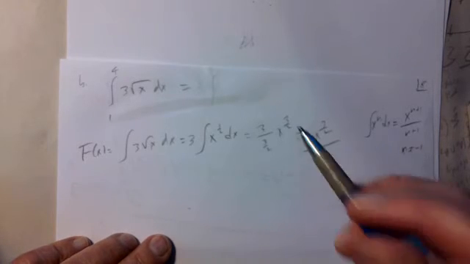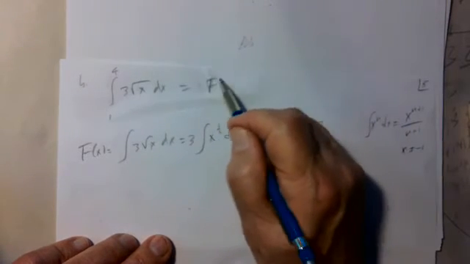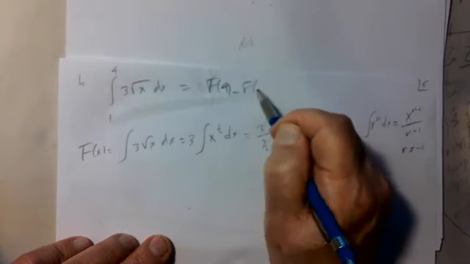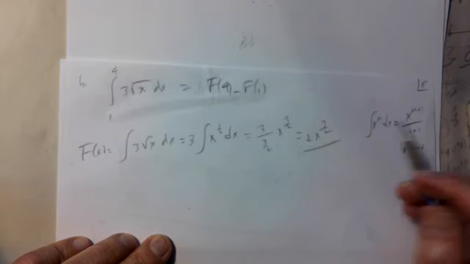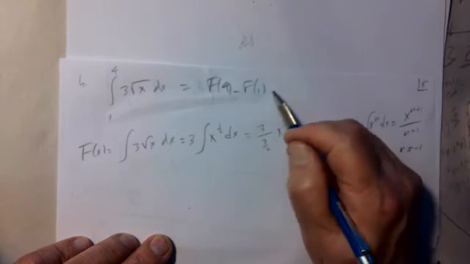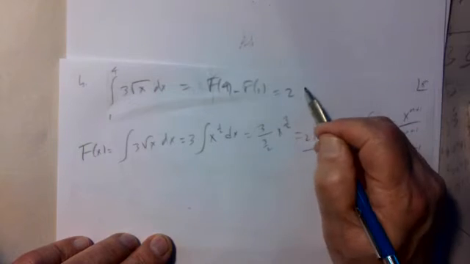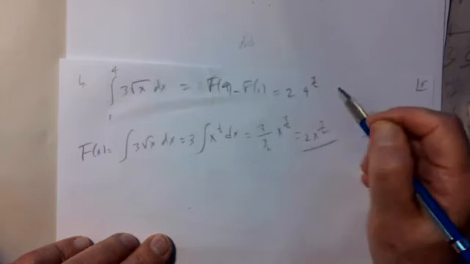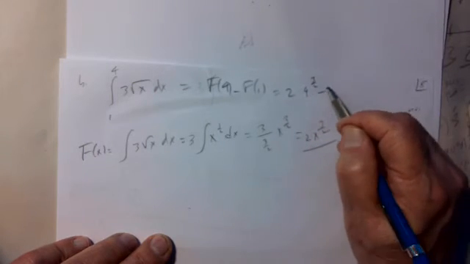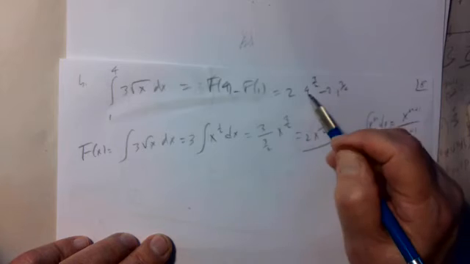So we evaluate this. F of 4 minus f of 1. When you plug in x equals 4, that's 2 times 4 to the 3/2 minus 2 times 1 to the 3/2.